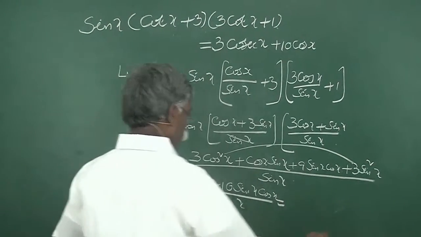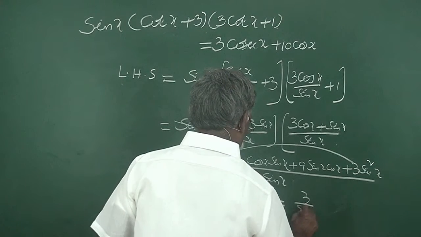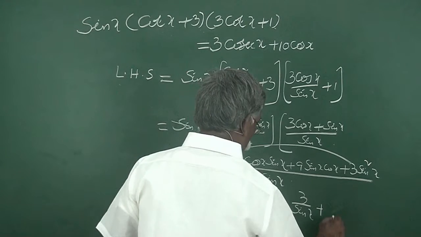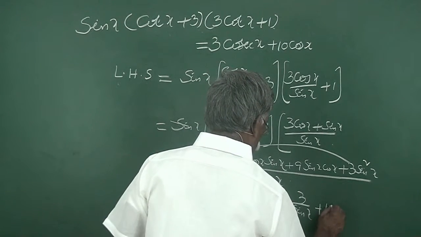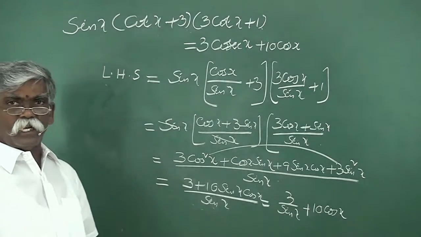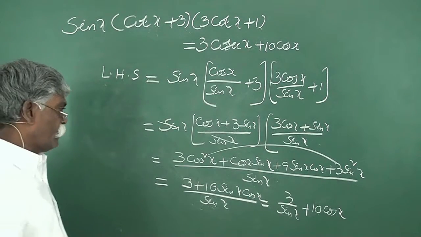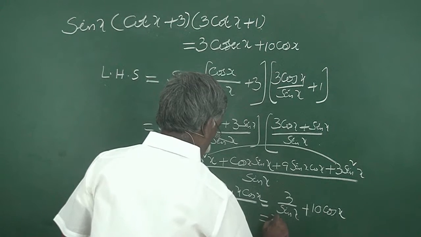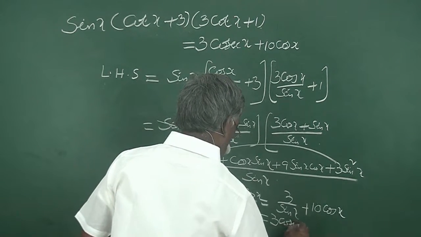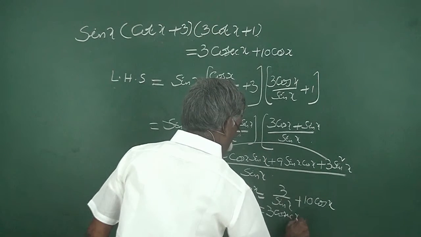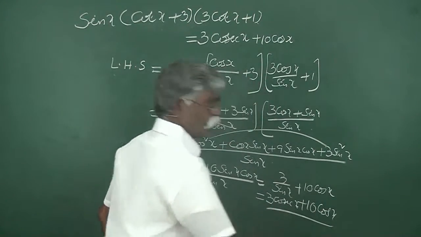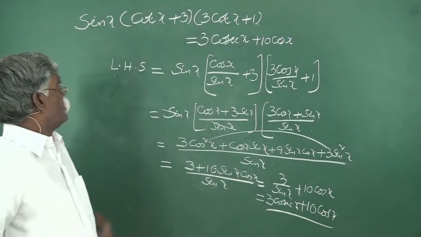Now if we split this, the first term plus the next one will be 10 cos x. So 1 by sin x is cosecant x. Therefore, here we can write this as 3 into cosecant x plus 10 cos x, which is the required answer.